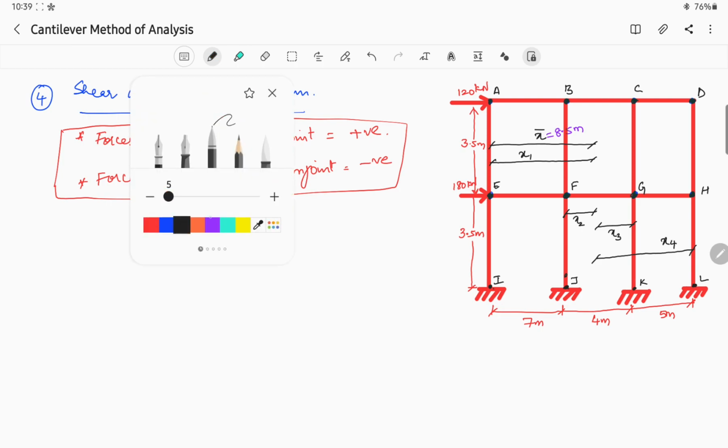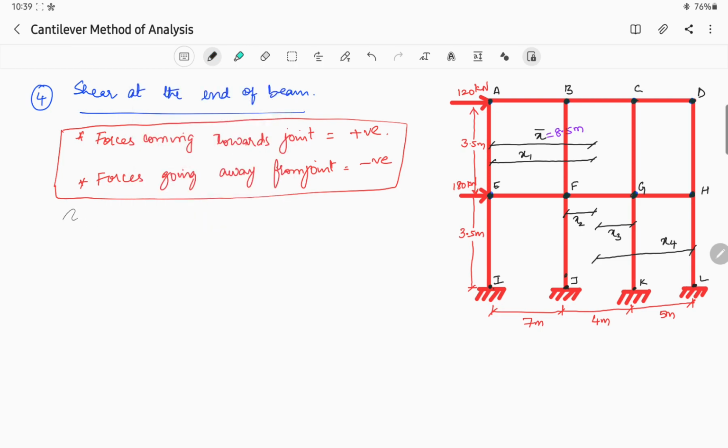So for story 1, what we are calculating is shear force, isn't it? This is the joint E we have.